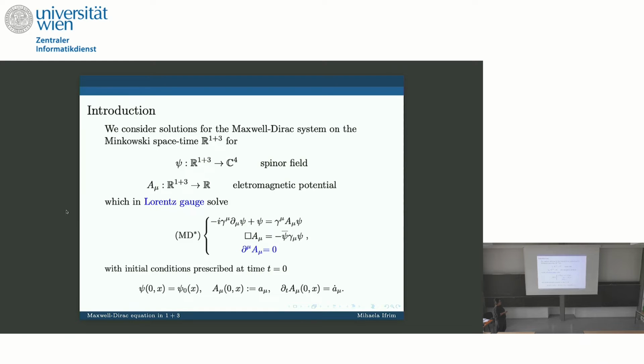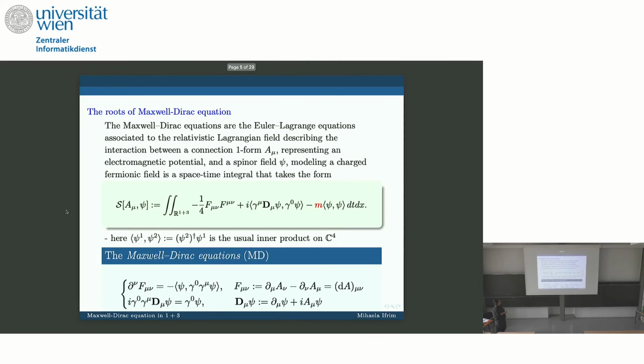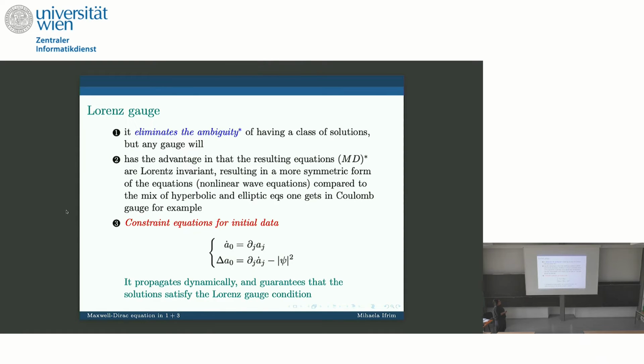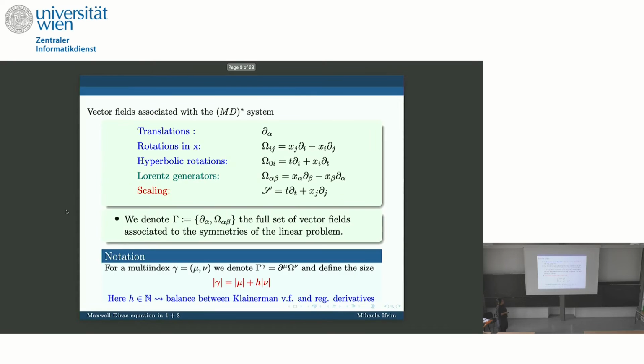But at the same time, if I'm taking into account this Lorentz gauge condition, so the divergence free, so all three equations hold, then I want to make sure that my initial data is going to satisfy this constraint equation, and I also need to show that it propagates dynamically and guarantees that the solution satisfies the Lorentz gauge condition. So there are two flavors with this kind of problem. In our case, we are going to make sure that we verify this constraint system for the initial data.